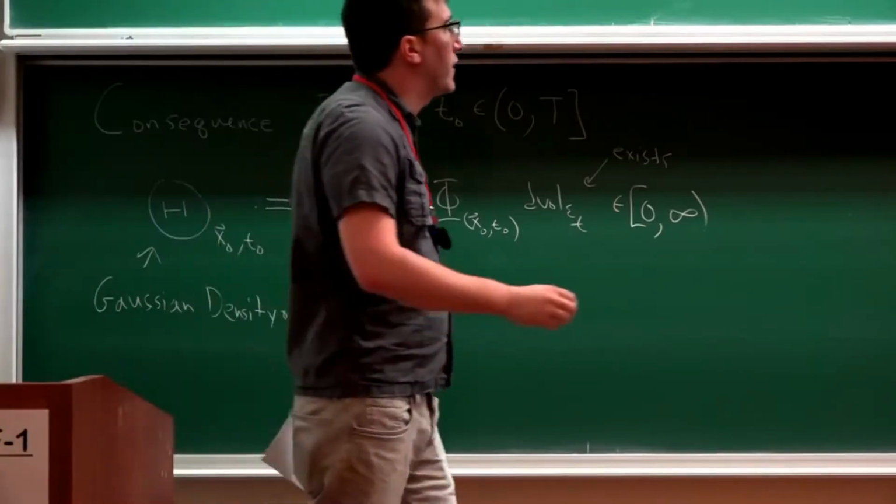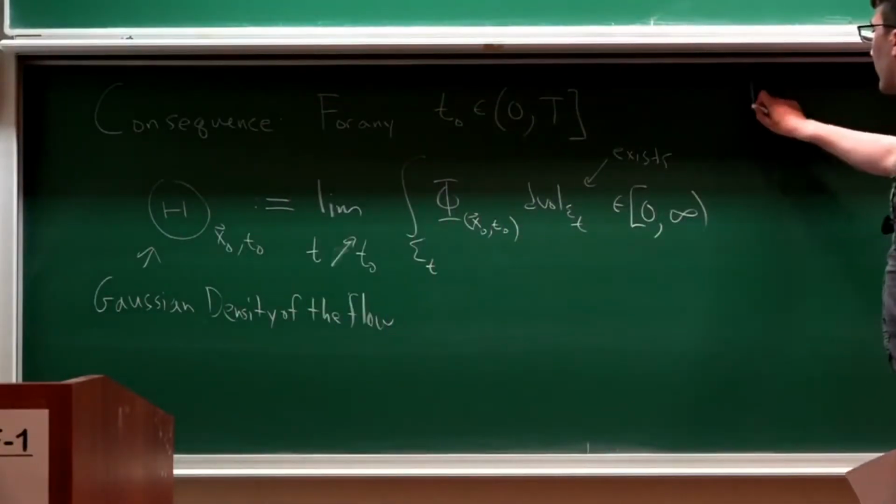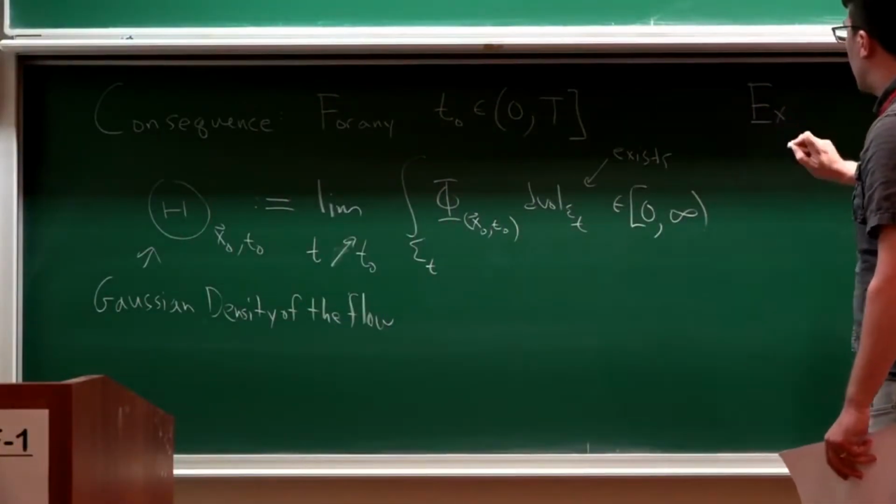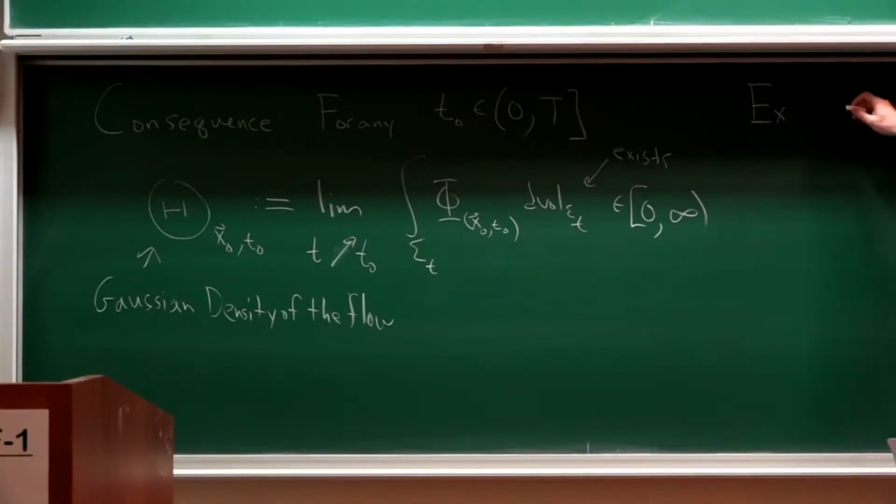Okay, and just to understand what this density looks like, say the flow is the flow of a shrinking sphere. Of course, the 0 to T is not strictly necessary.